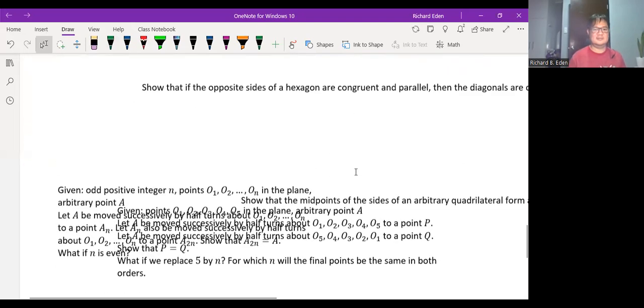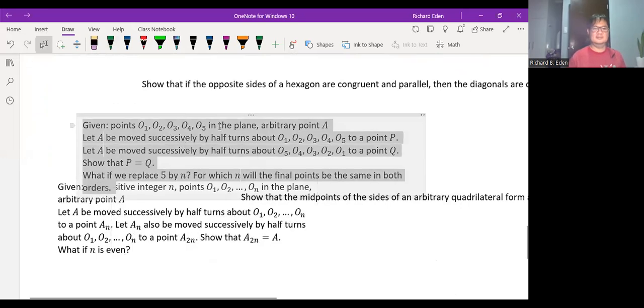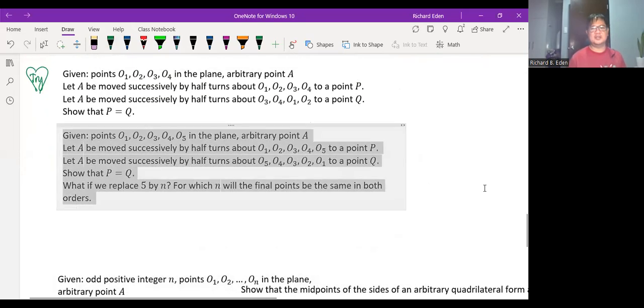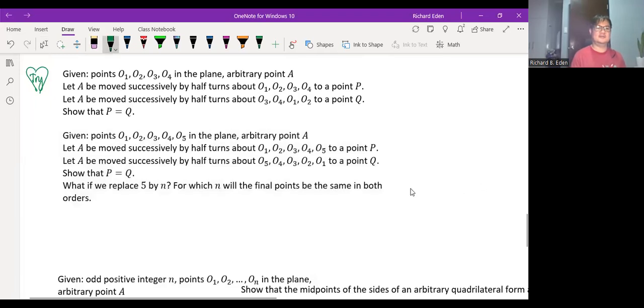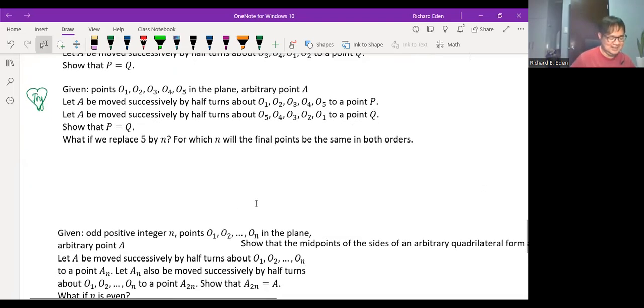Impossible. This one too, try this too. With the cute heart. All right, so try this too. Yay, My Little Pony. We're so cute.